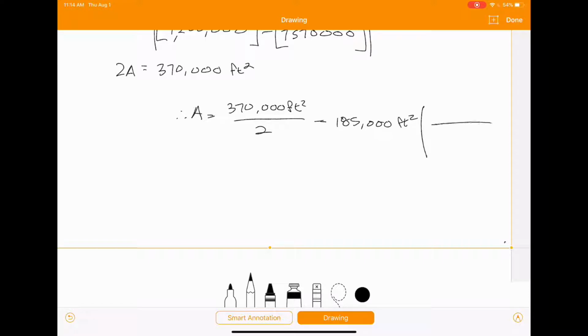So you can just do your unit conversion. 1 acre is equal to 43,560 feet squared. Feet will cancel. You'll be left with acres, which is what we want.